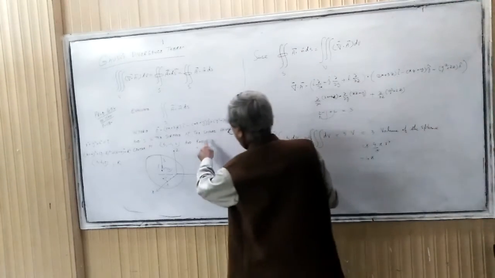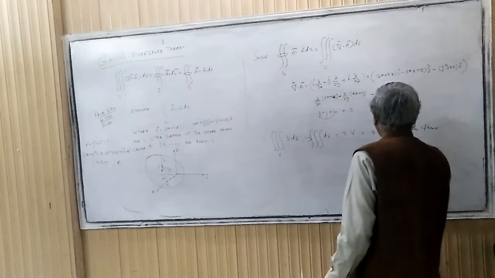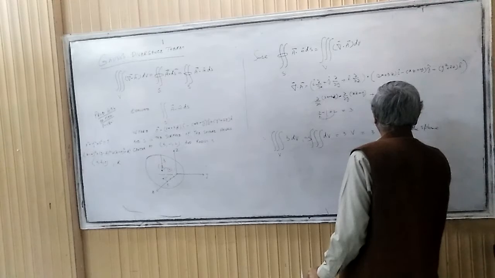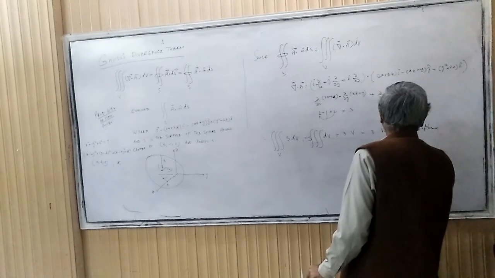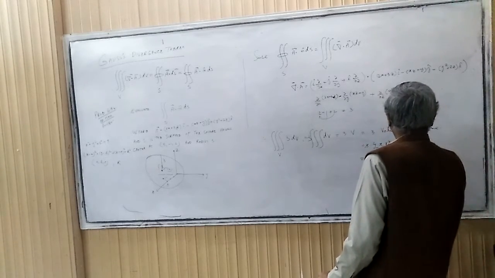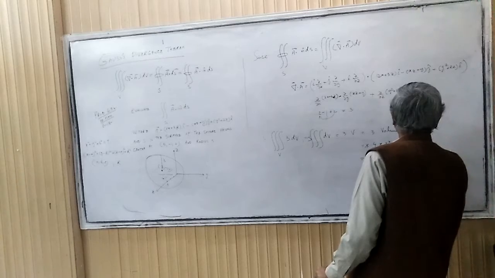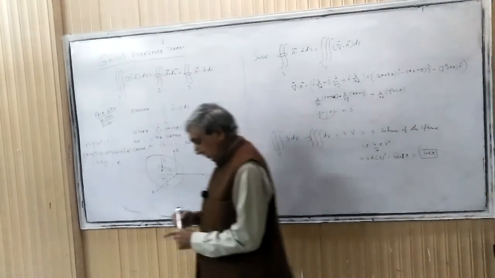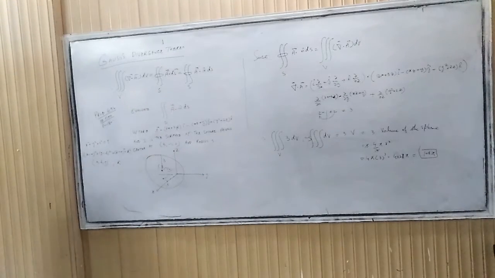What is r? Which is 3. It is 3 cube, which is 27, so it is 4 into 27 pi, 108 pi is the answer. 108 pi is the answer. This is how it is calculated.